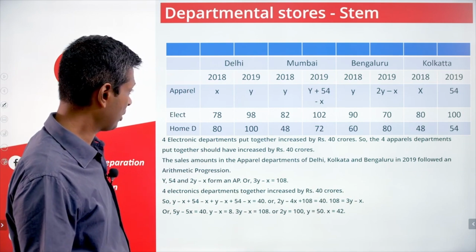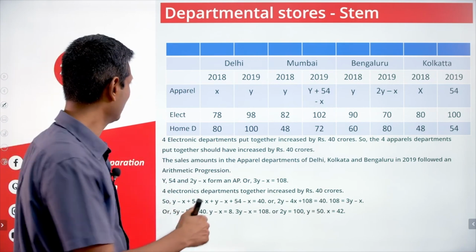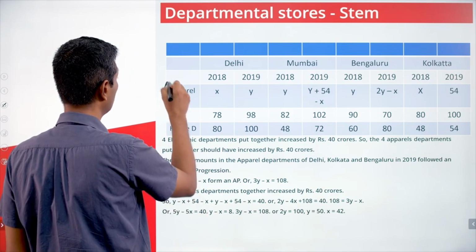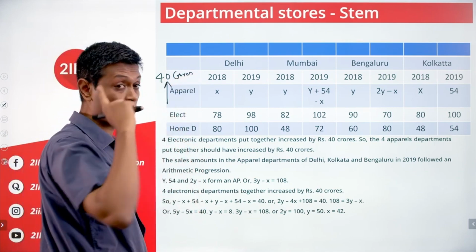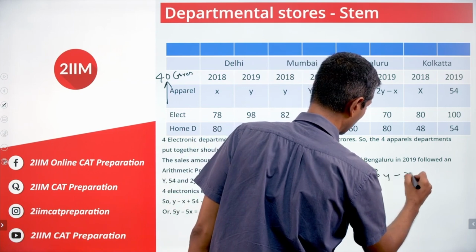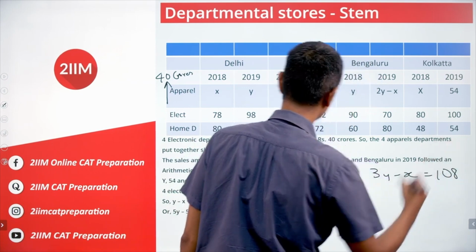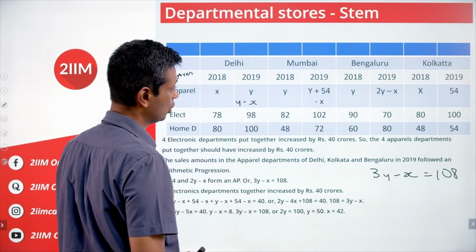The sales amounts in the apparel department followed an arithmetic progression. Now we also know one thing. The apparel total increased by 40 crores. We also know that 3Y minus X equals 108. What is the apparel increase here? Here it is Y minus X. What is the increase here?